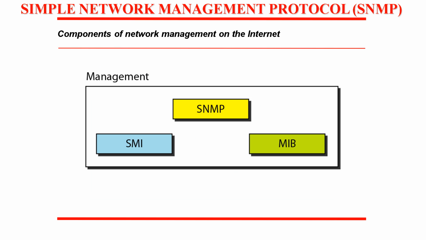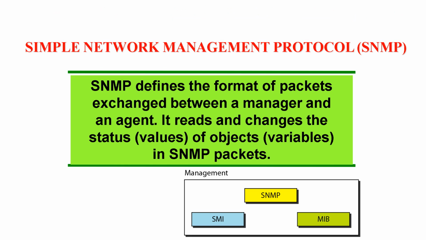And for a manager, there will be two subcomponents, SMI and MIB. SNMP works on different format packets exchanged between the manager and the agent, and it reads and changes the status values of the objects in the SNMP packets.